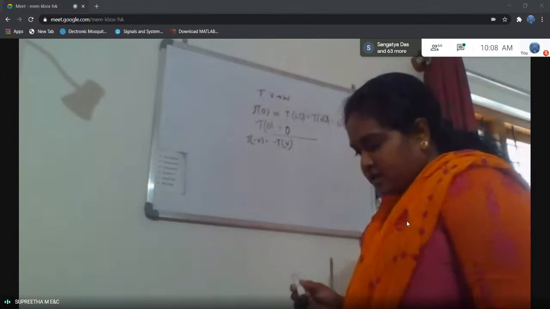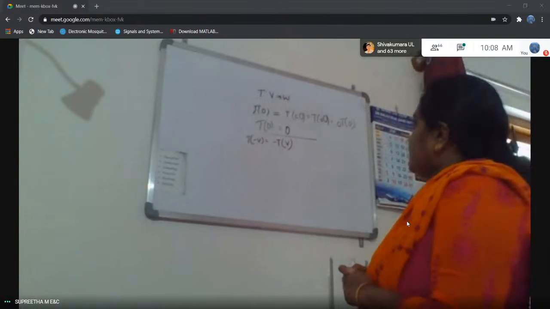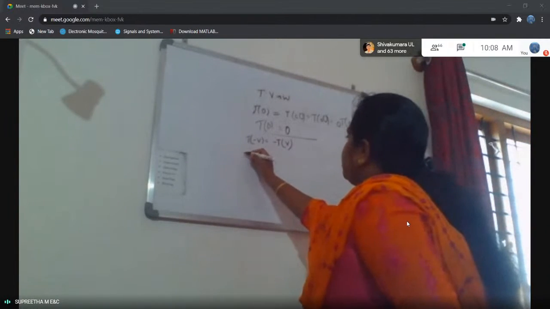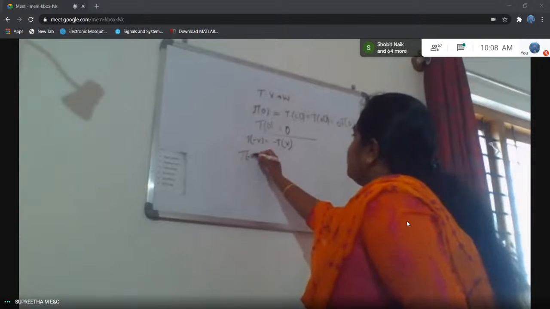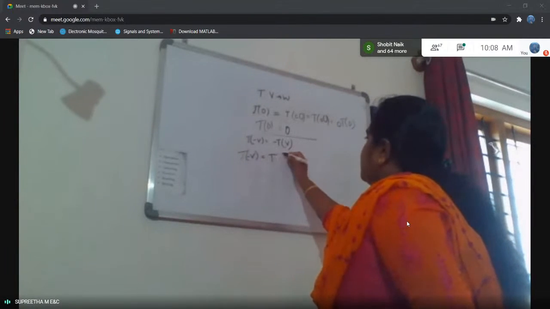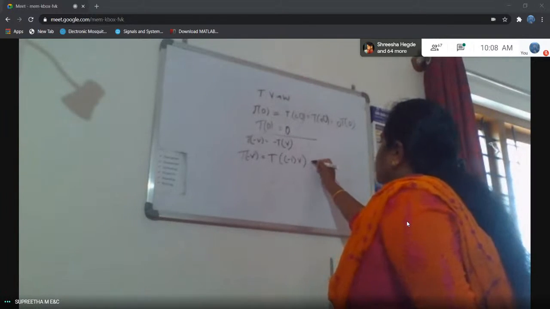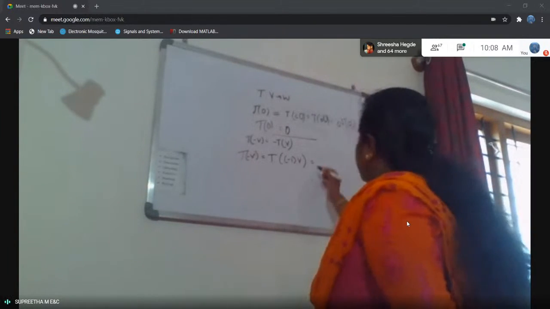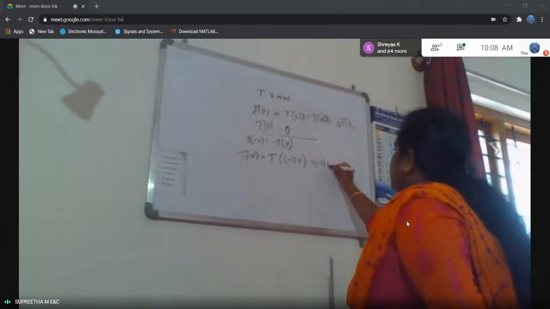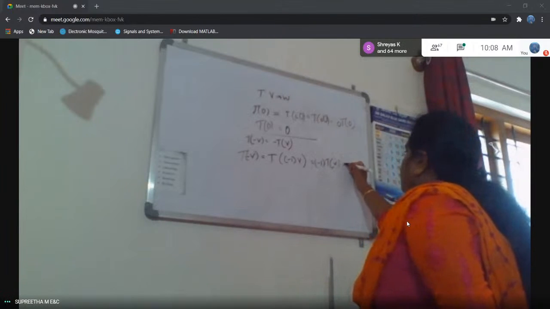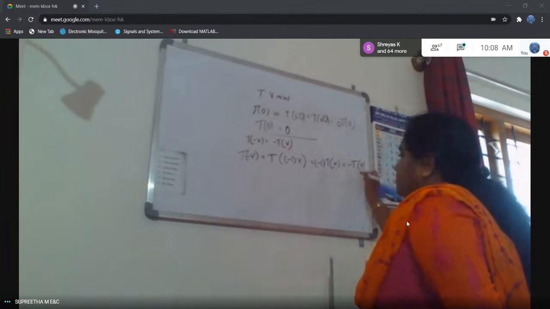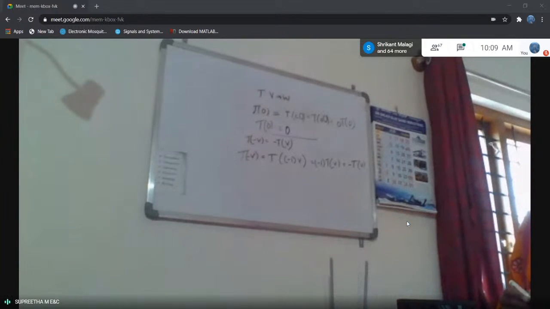So is this difficult? Let me consider T of minus v. That is nothing but the transformation of minus 1 times v. If we take the scalar outside, it is minus 1 times the transformation of v. That is nothing but minus T of v.